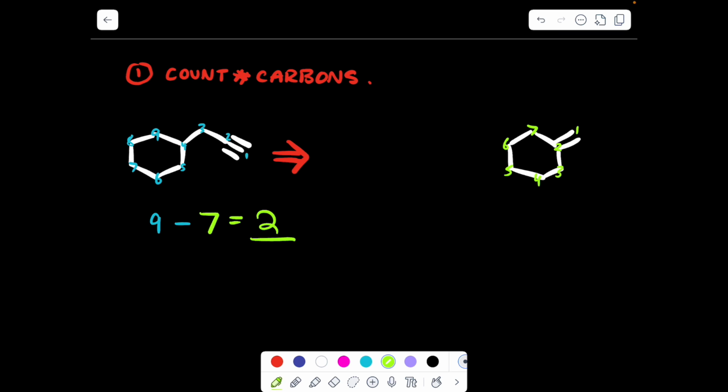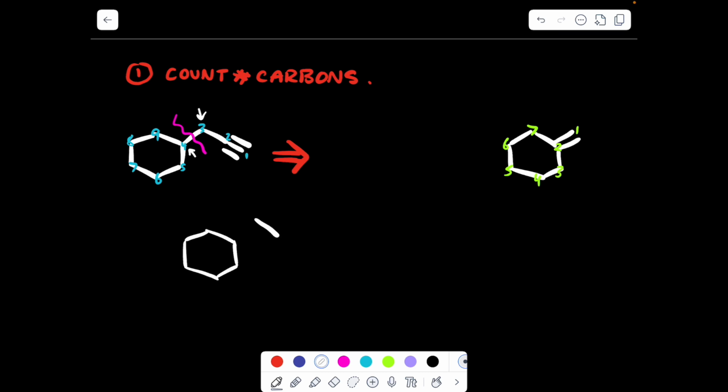What bond should I break? This is going to be the next question. But what if I decided to break this bond? Let's do a critical thinking exercise. Every time you break a bond in the backwards direction, 1 carbon that is part of that break is going to become delta plus. So you broke a bond between carbon 4 and carbon 3. 1 carbon must become delta plus and the other must become minus.